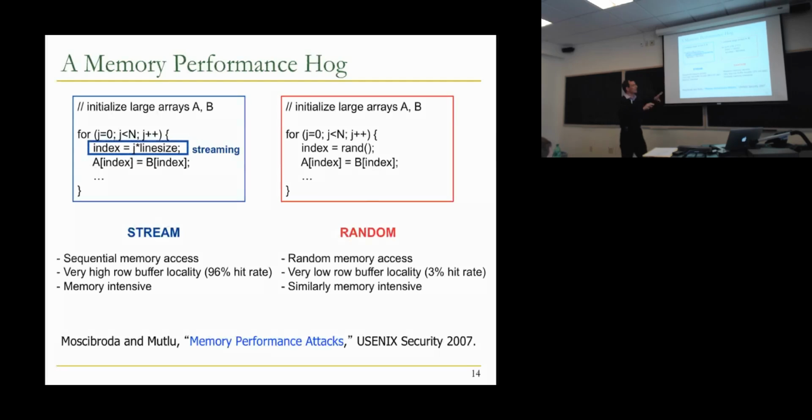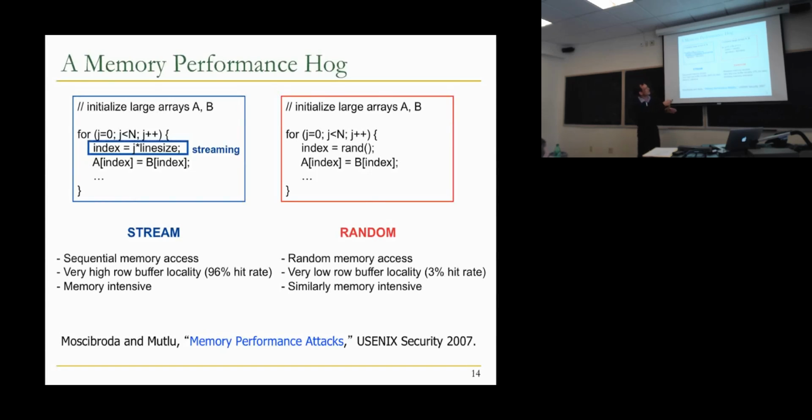And we also do a control experiment. You can have the same program, exactly the same program, but make it random memory access. Right? And how do you do that? Basically, instead of copying array B into array A sequentially, you basically copy random elements at random locations.